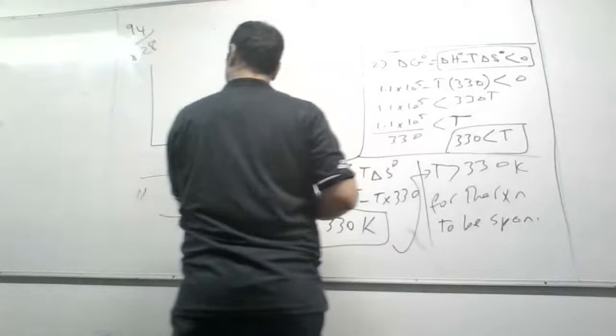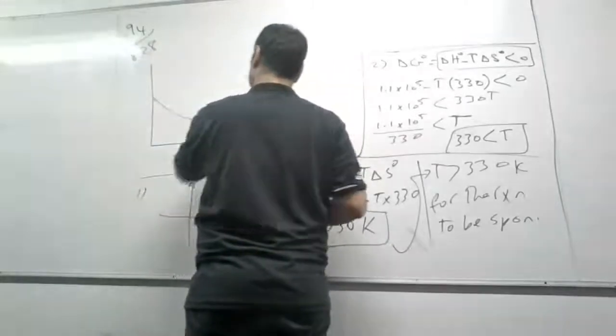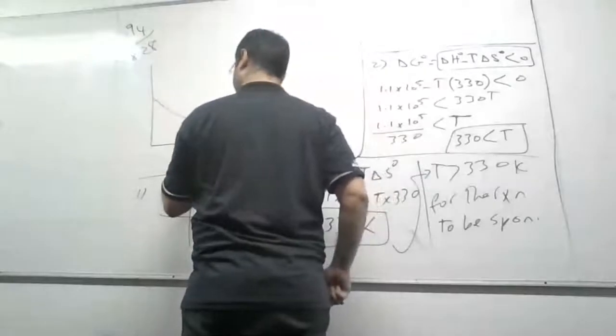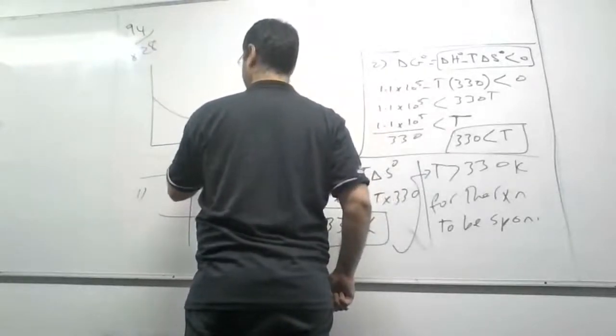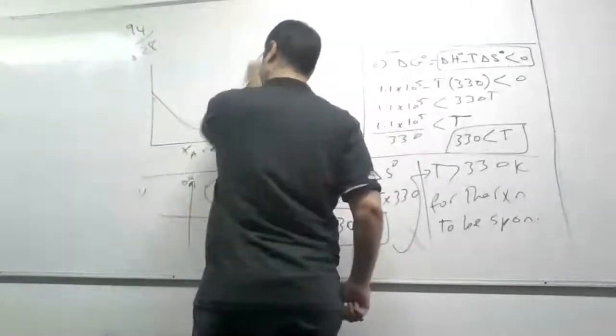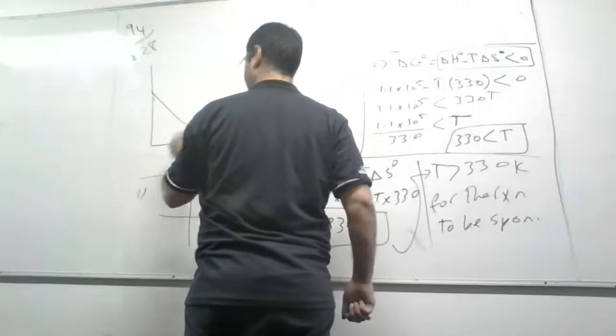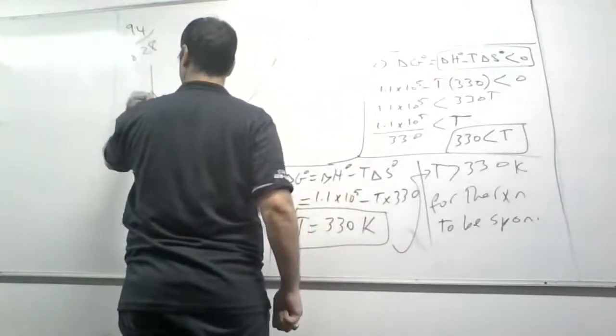You have this curve. Mole fraction of A reacts at 0.3. This is G finished.